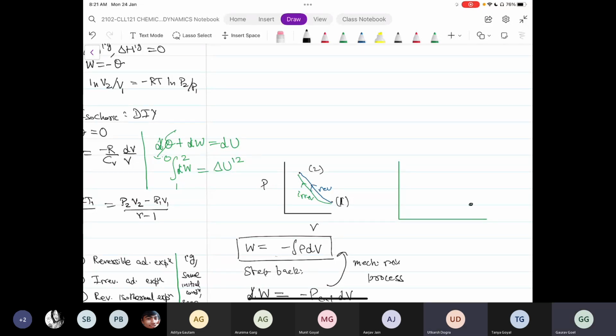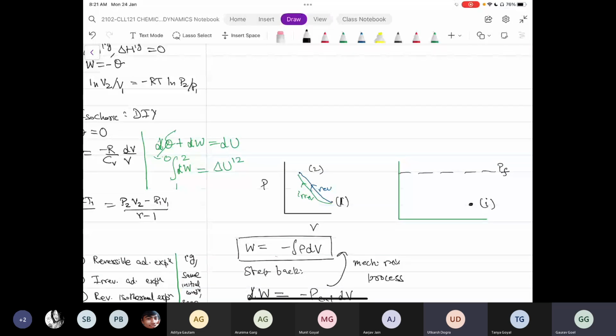Okay. So in a compression process, the way we compare one compression process against another would be, I will say I have the same initial state and I have the same final pressure.